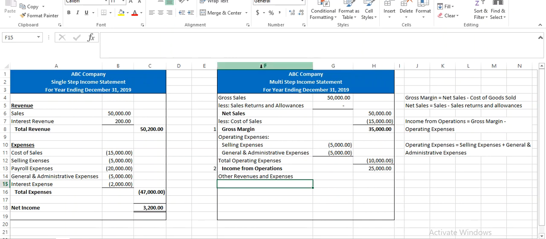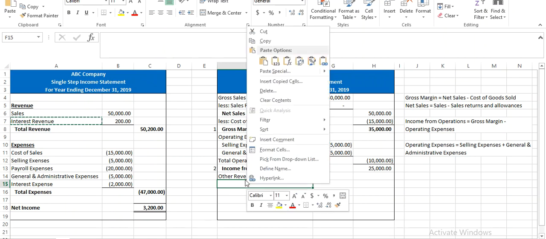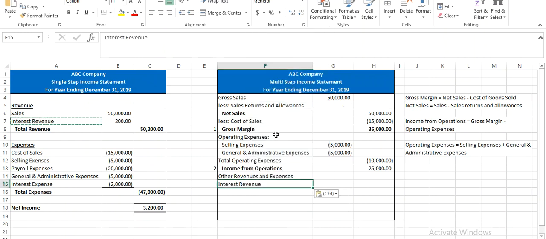And so what happens here is we just list those. We normally list the revenues at the top. The only revenue that's outside of the normal business is this interest revenue. Normally things like interest usually fall underneath other, so we're going to add that as other revenue. And then we're going to have other expenses.